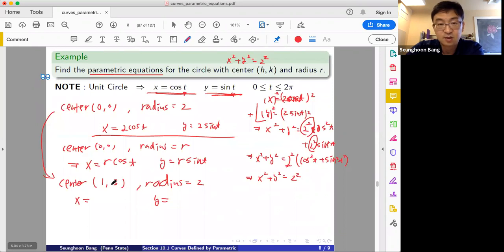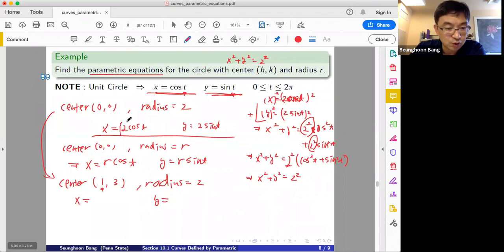What is x? Could you write your answer on the chatting board? What is your answer? What do you think? So it is like this. You have to shift the circle with center 0, 0 to the right 1 unit.